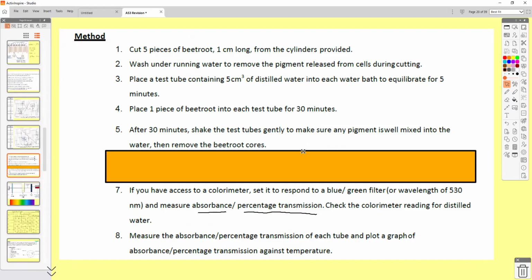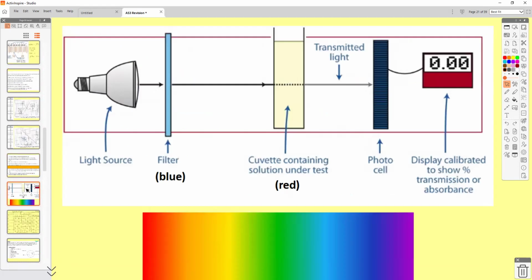When you're putting your samples or your vials into the colorimeter, it works like this. You've got a light source, you've got a filter. The filter you need to use is at the opposite end of the spectrum, okay, to what color your cuvette or your solution will go to.